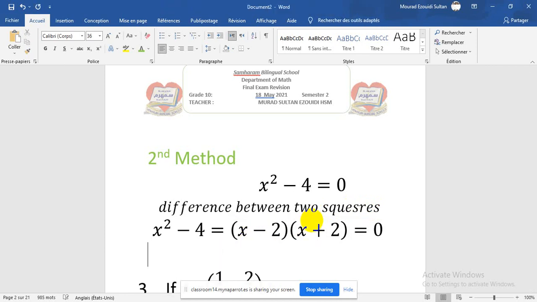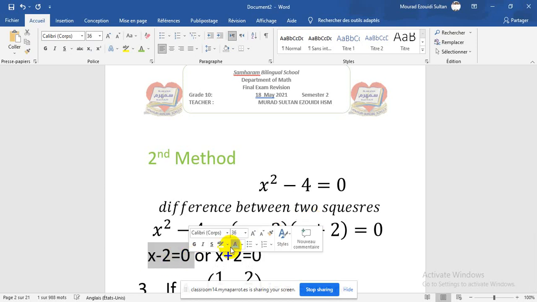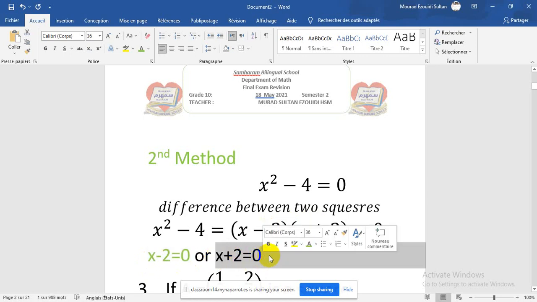Therefore x minus 2 equals 0 or x plus 2 equals 0.